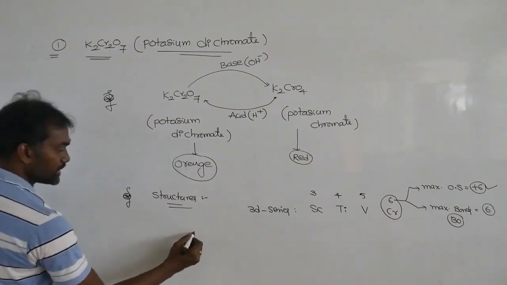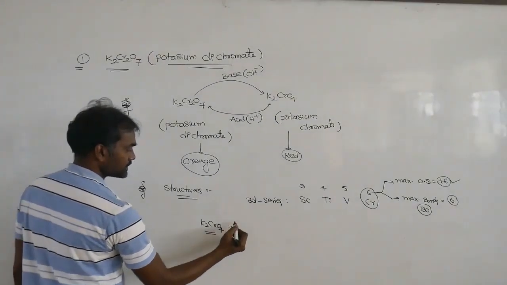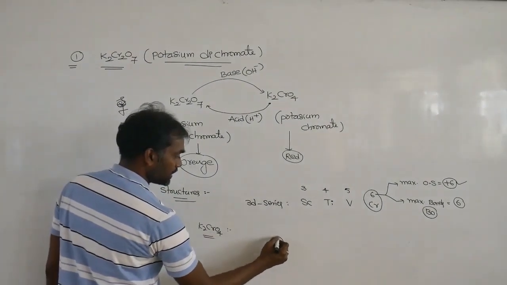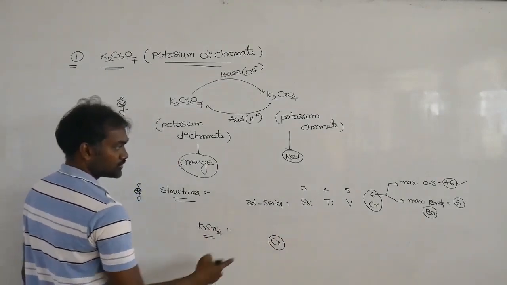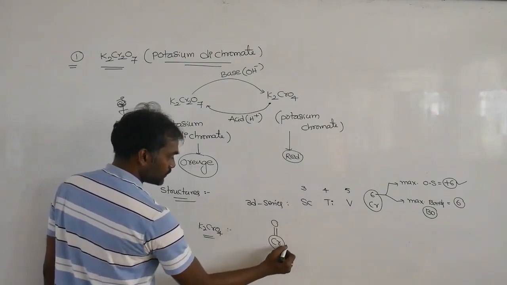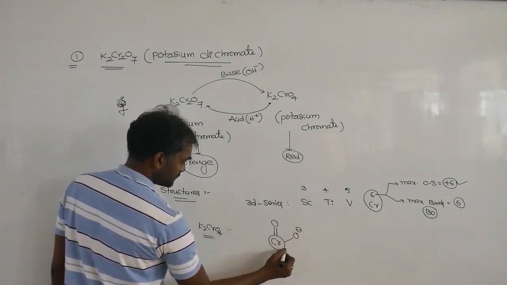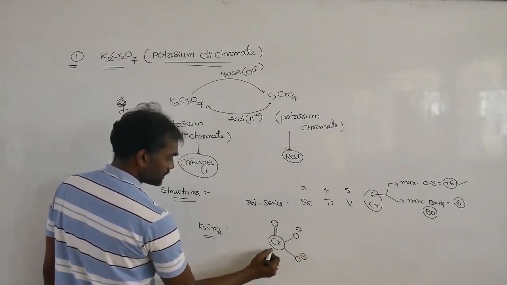First of all, I am writing the K2CrO4 structure. Chromium is in the 6 state. One oxygen with a double bond, then one oxygen minus, another oxygen minus.